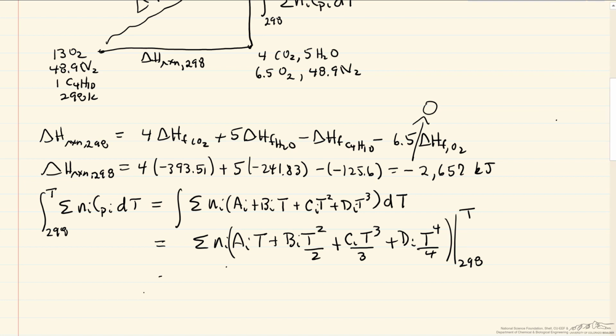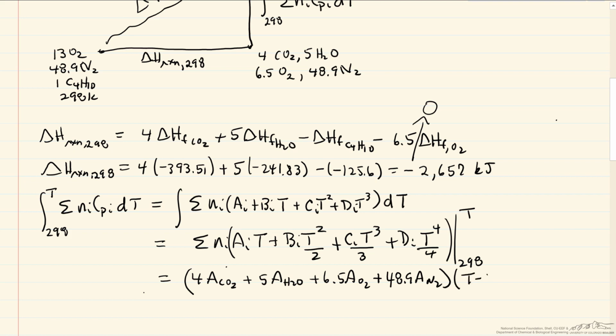Well, I won't write out all these terms, but let me write out one just so we understand what we're talking about. The first one would be 4 times A for CO2 plus 5 times A for water plus 6.5 times A for oxygen plus 48.9 times A for nitrogen.